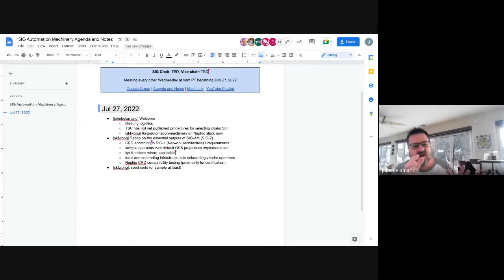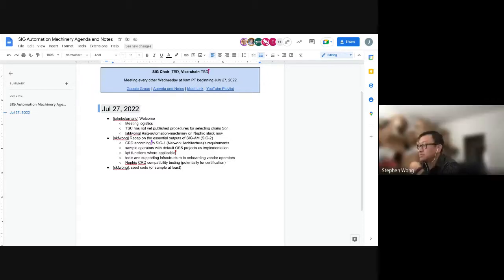There's a set of libraries and things that vendors who are building operators can consume, as well as actual controllers that we build that run, say, in the Nephew cluster and manage the automations and deal with that higher level orchestration piece. So that's what I wanted to talk about. I think Stephen has some things to go over as far as that's concerned. Stephen.